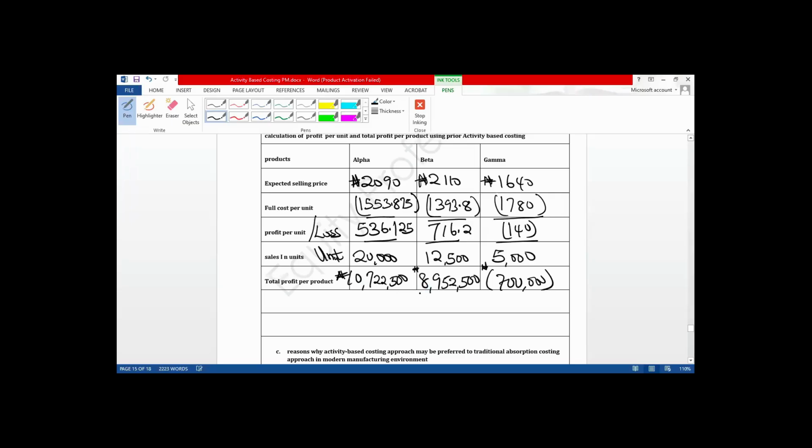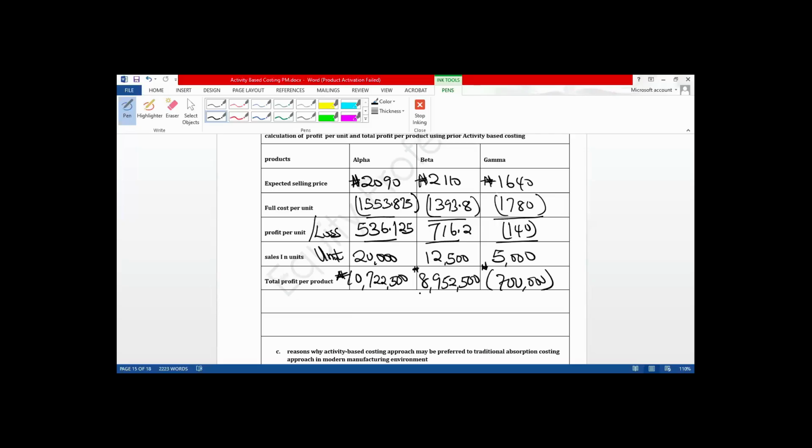That means product gamma is an issue. We are done with requirement B.